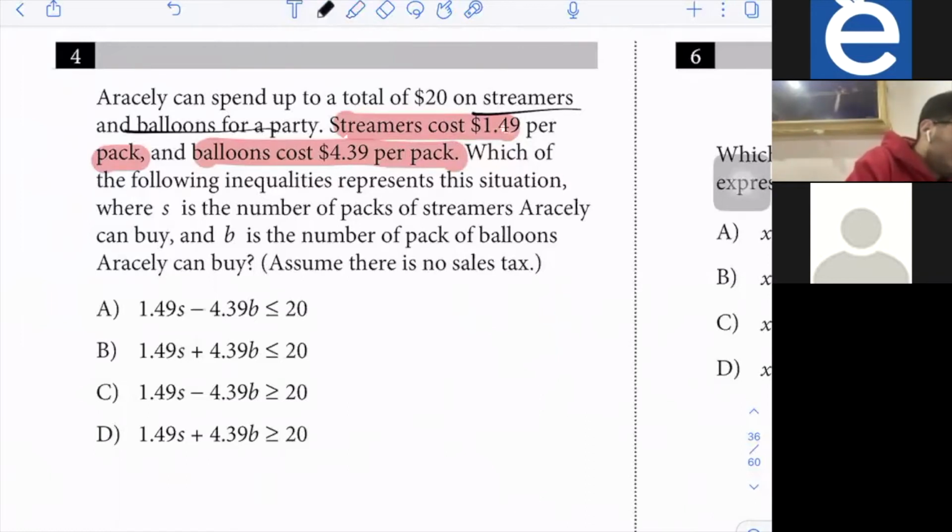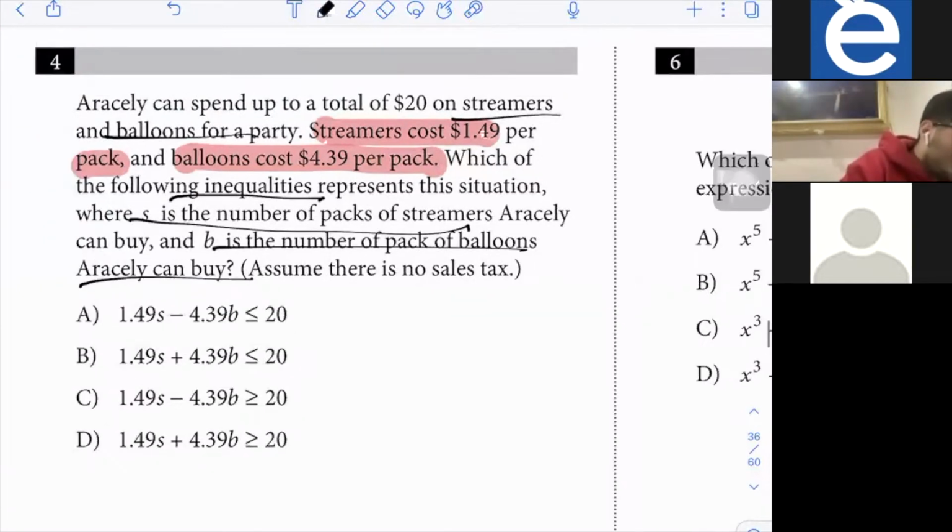Which of the following inequalities, notice it's inequalities, represents the situation where S is the number of packs of streamers Arsley can buy, and B is the number of packs of balloons Arsley can buy. So they assume there's no sales tax.